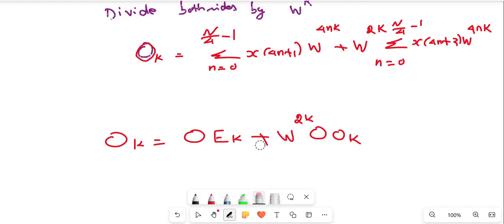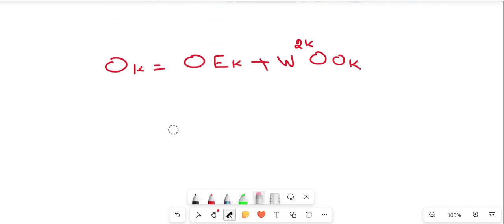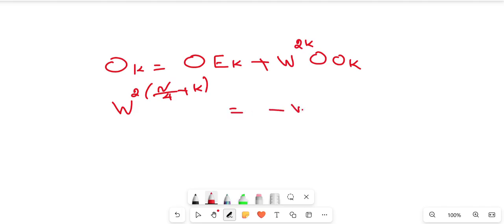So in a similar way, now the symmetry property, you can write W power 2 of n by 4 plus k, which is equal to minus W power 2k, the symmetry property. So the k range, now the k range is from 0 to n by 4 minus 1.